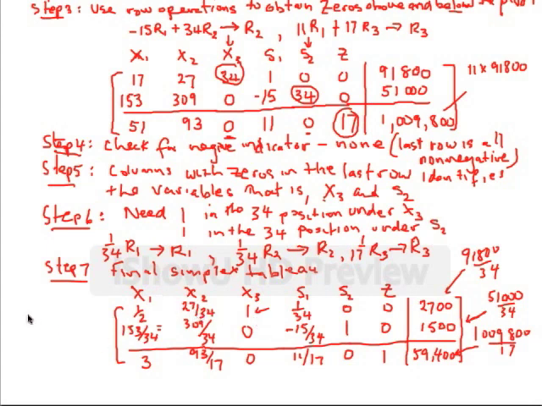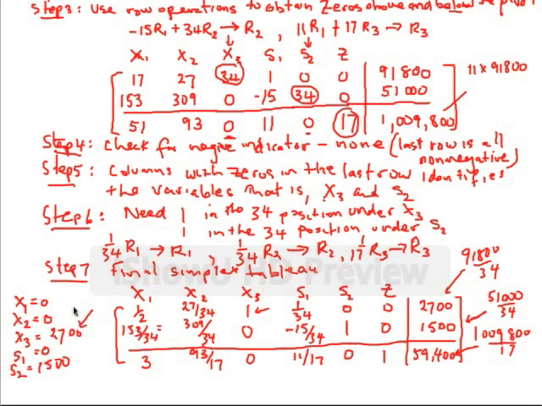Okay, so what our tableau is telling us, if you come across here, is that X1 is 0, X2 is 0, X3 is 2,700. S1 is 0. Okay, and we're not really worried about these anyway, and S2 is 1,500. That's a surplus variable.